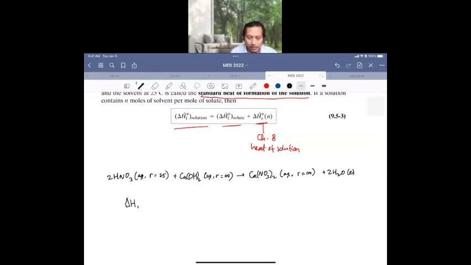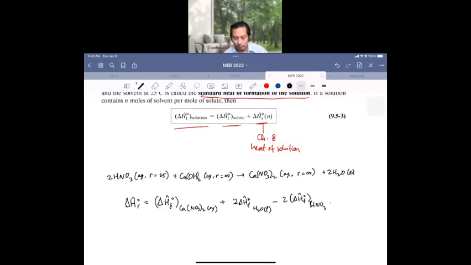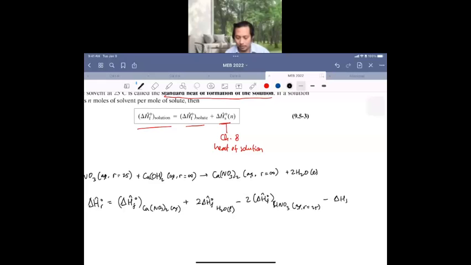Now the heat of reaction we can write down using the heat of formation for the calcium nitrate plus 2 of water, and then minus 2 of the delta HF of HNO3, and minus the calcium hydroxide.